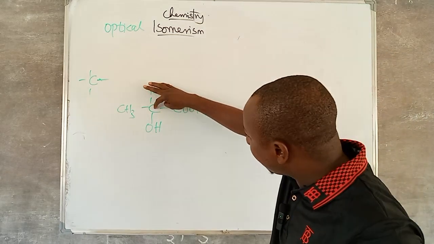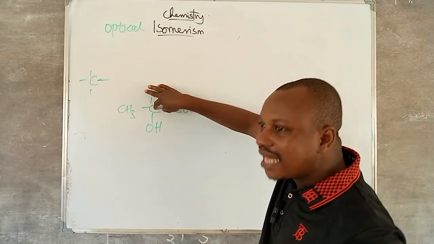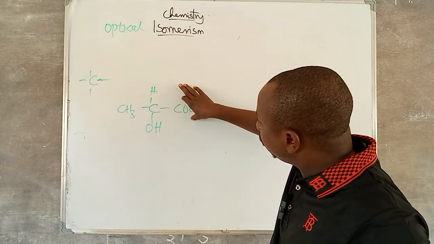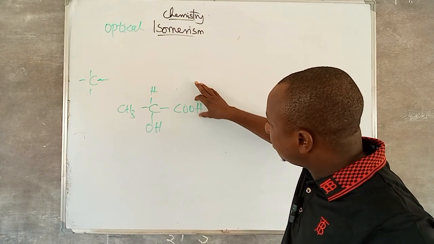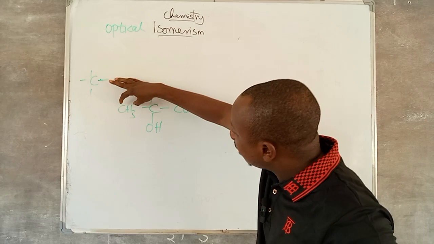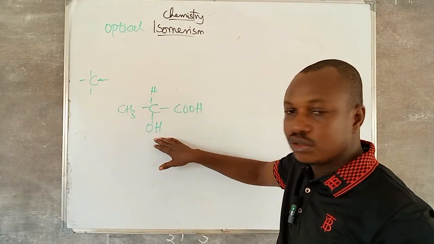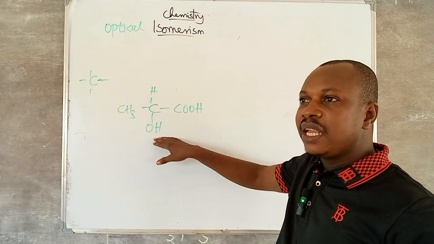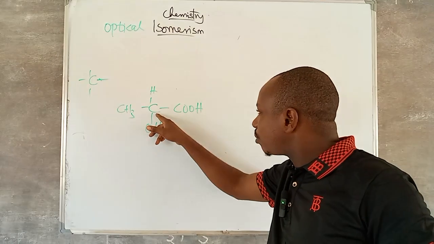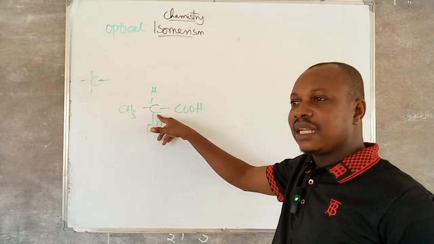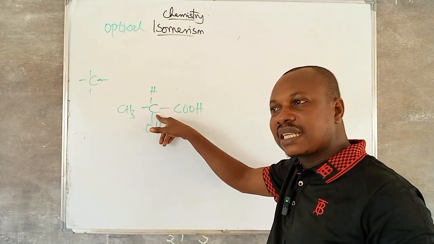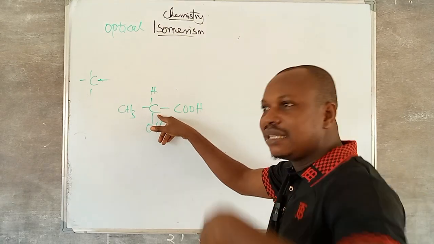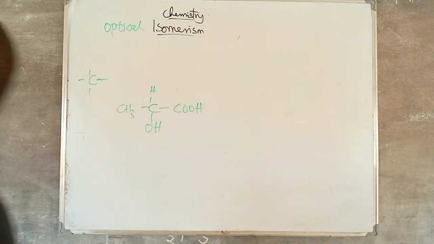This is the carbon here. It is bonded to four different groups. If you watch here, this is a carboxylic acid group, this is hydrogen, this is a methyl group, and this is the OH group. So this is a kind of compound that is optically active, which is capable of rotating plane polarized light.